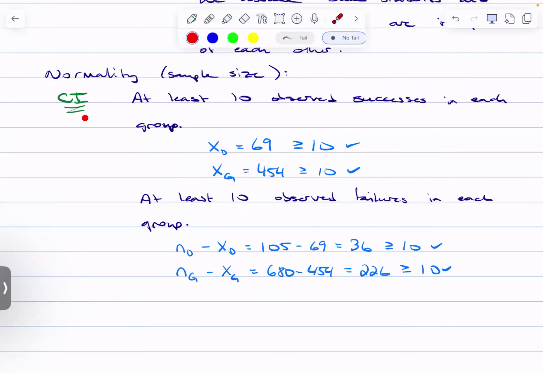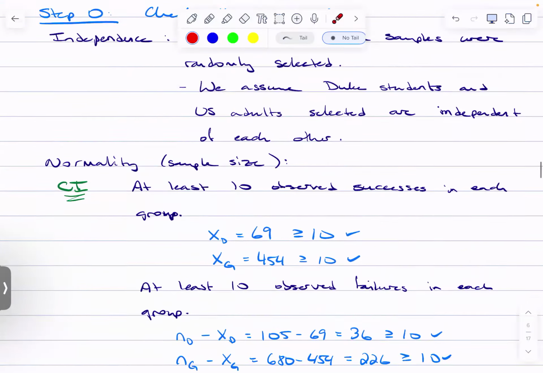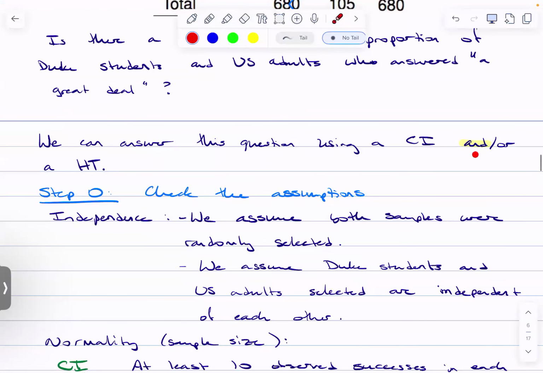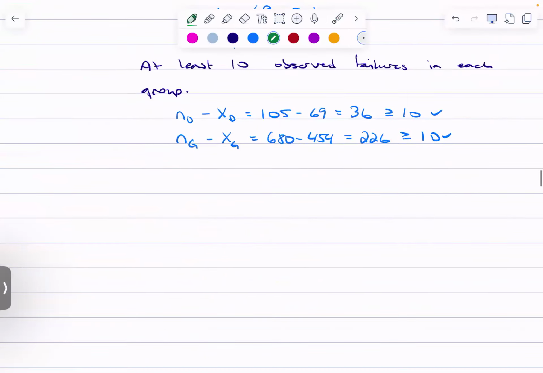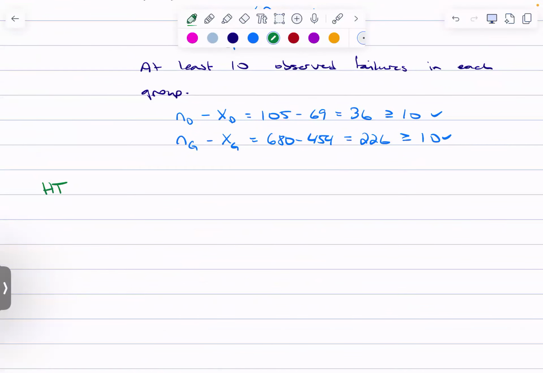You would read the question and figure out, okay, am I about to do a hypothesis test or a confidence interval? Right here, we decided we're going to do both. So why not just check all the conditions at the same time? Then you can see them side by side.